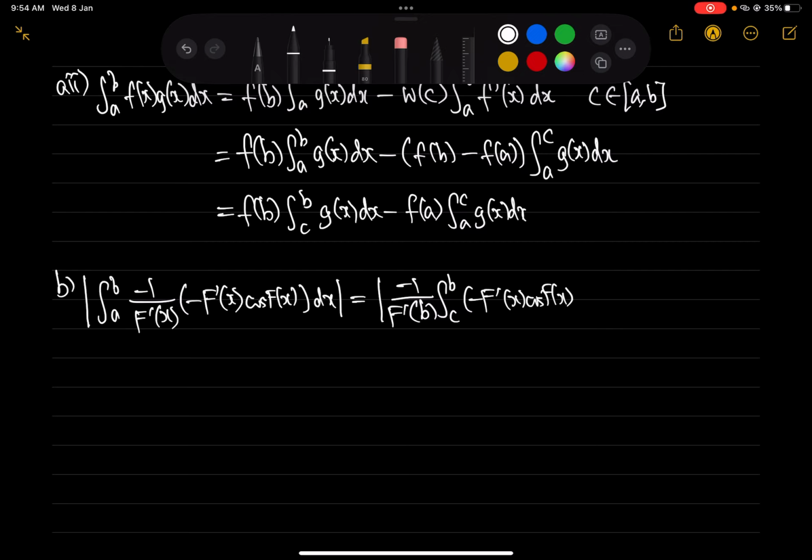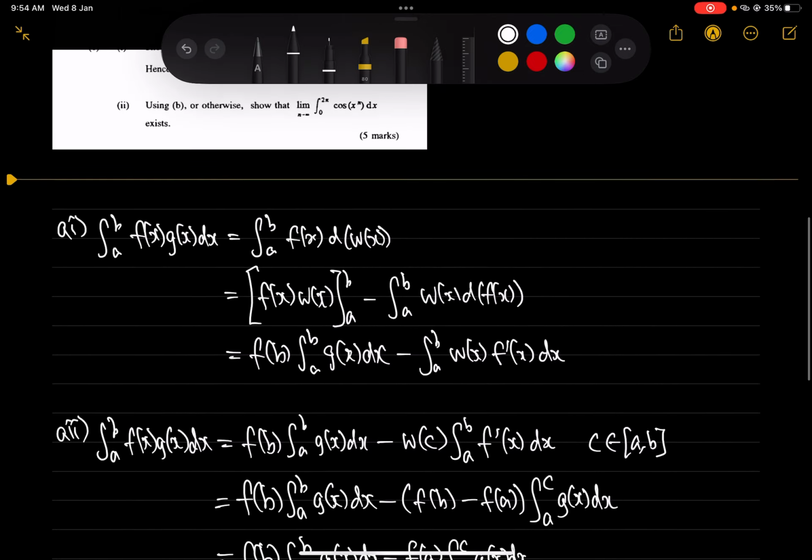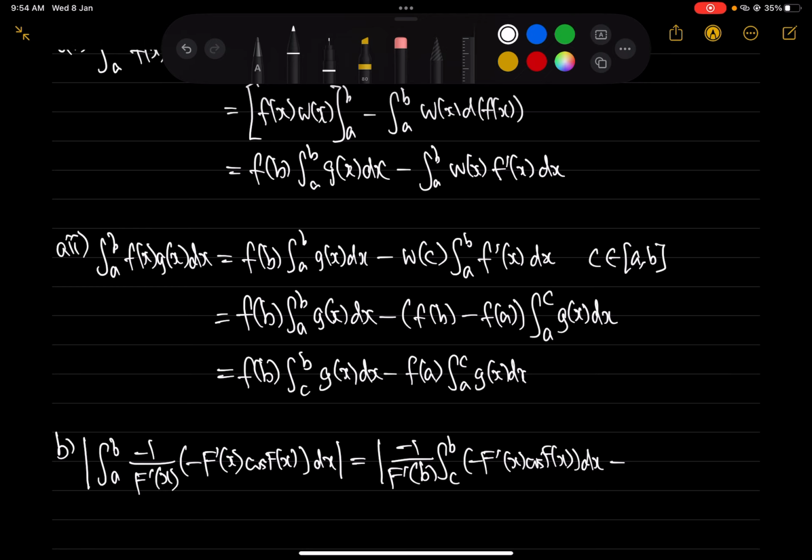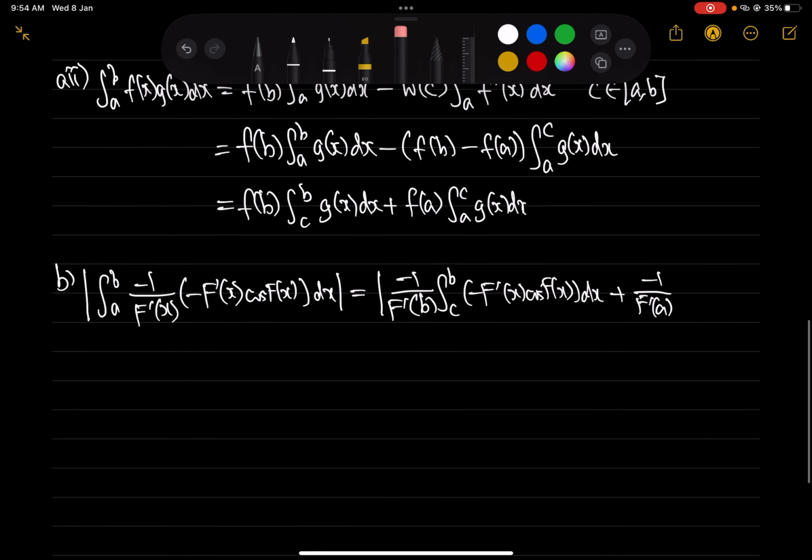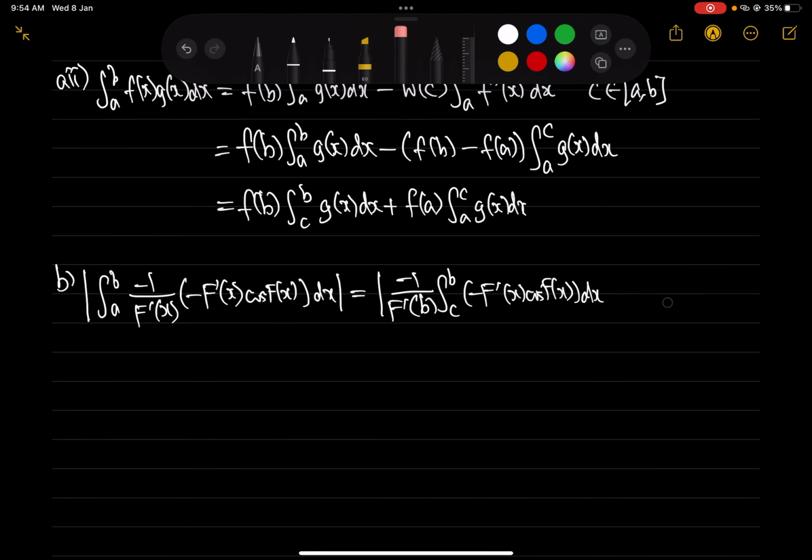fx dx minus, that should be a plus here, so that's a plus, negative f prime of a. Couldn't really write that in one line, so let's edit that.